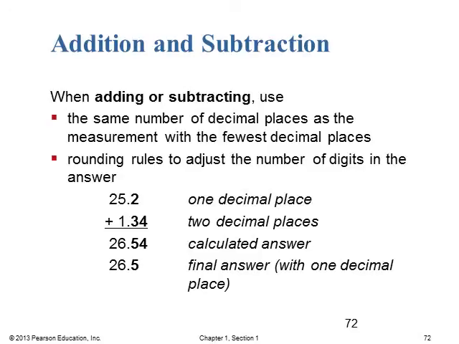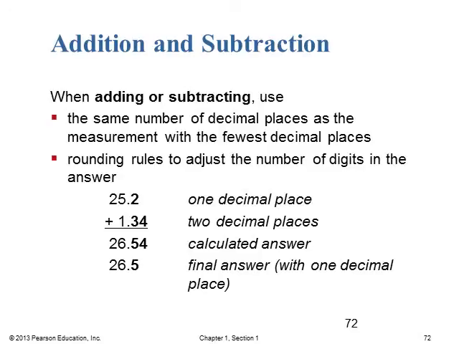And you use the rounding rules to adjust your answers. How I do this, and how you can see it in this PowerPoint, is that these numbers are lined up. And so what you can do is draw a line after the digit that is furthest to the left.